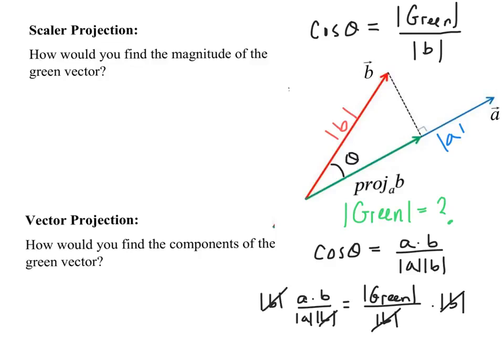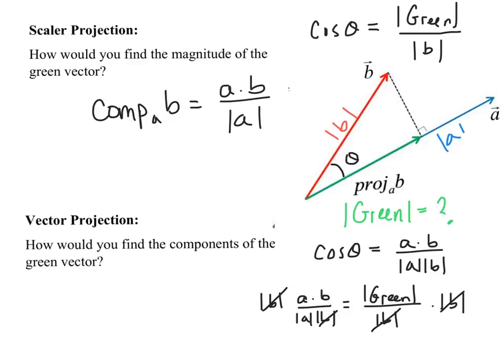Sometimes you'll see this written this way, because the actual vector projection notation is reserved for the actual components. But you'll see that the length of the projection of B onto A is given by the formula A dot B over the magnitude of A. Again, it's just a little bit of trigonometry with some dot product work thrown in.